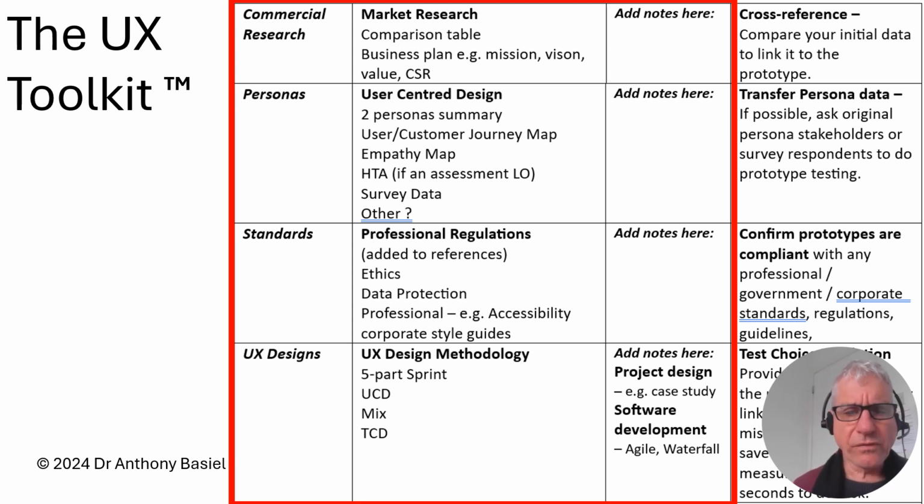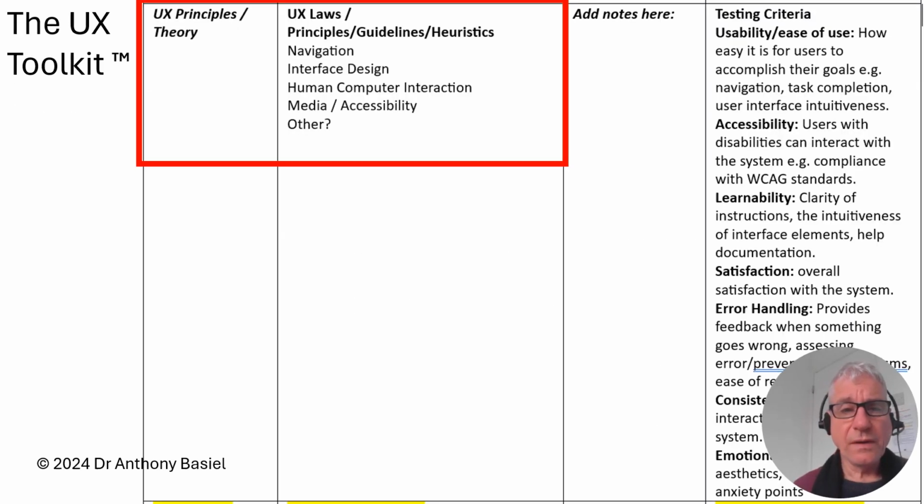So when we're talking about the methodologies, we mentioned earlier the 5-part sprint. That's one approach. It can be user-centered design, task-centered design, and it might be that you're going to do a mix, a blend of those two. The principles involved are many.